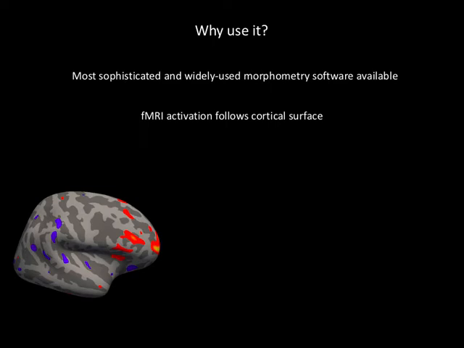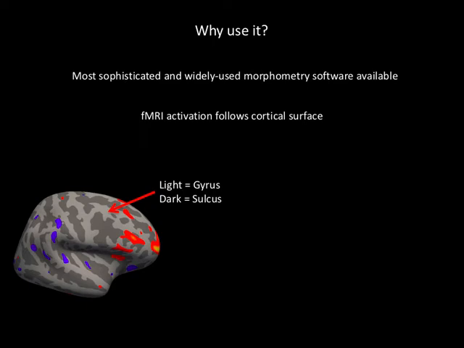So if I have an inflated brain right here, these look like boxing gloves, and you can see the different gyri and the sulci, and this is mapping activation onto a surface. So you get a better, more accurate representation of where the activations actually are. Because if you think about what's actually going on in your brain, it probably is going to be hugging the surface.